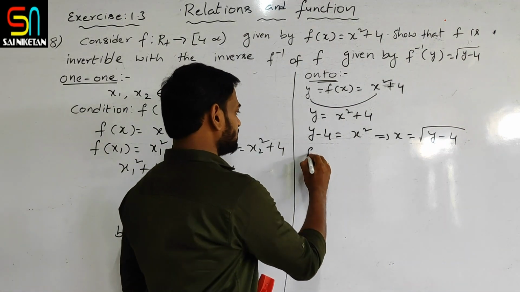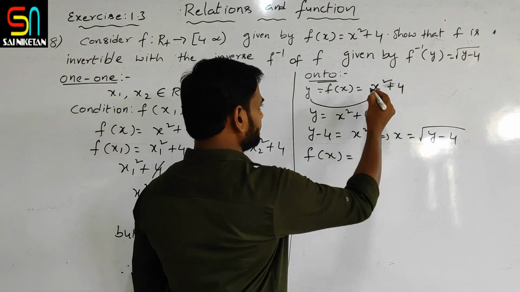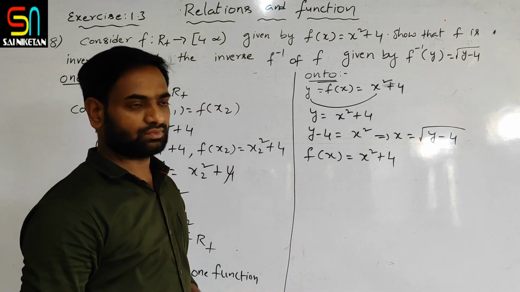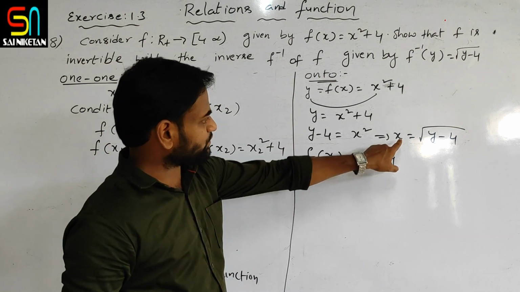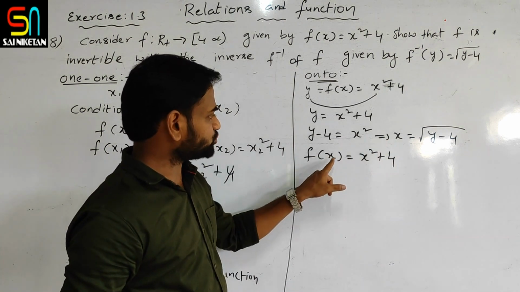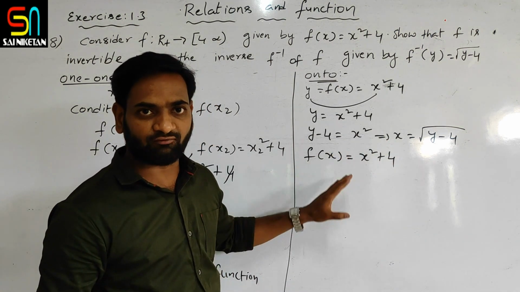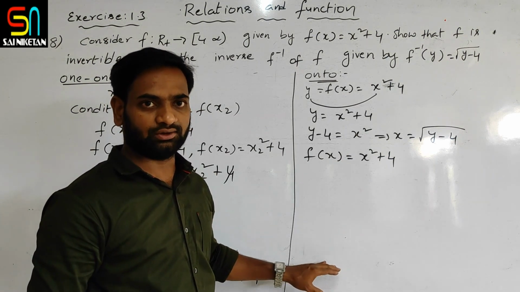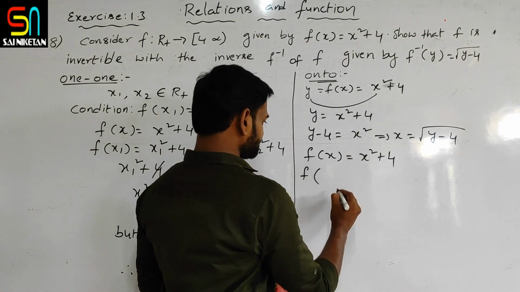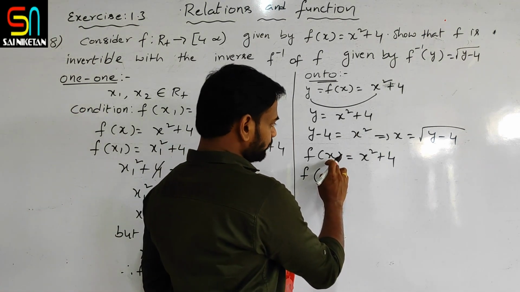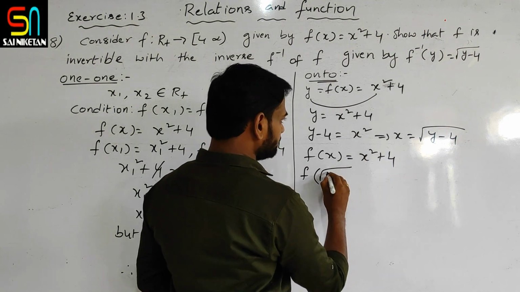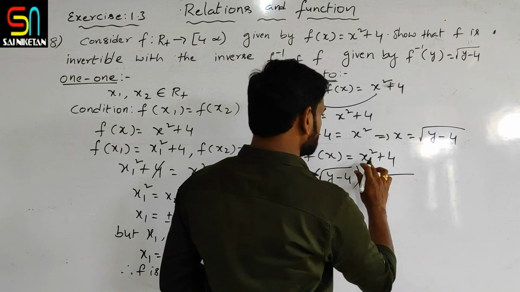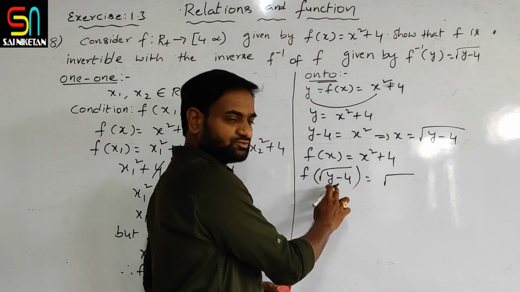Now take the function f of x. f of x is x square plus 4. Now substitute the x value here. What is the x value? Substitute here. The answer should be y. If the answer is y, then we can say f is onto. f of x, where the x value is root of y minus 4, is equal to, in place of x, root of y minus 4.